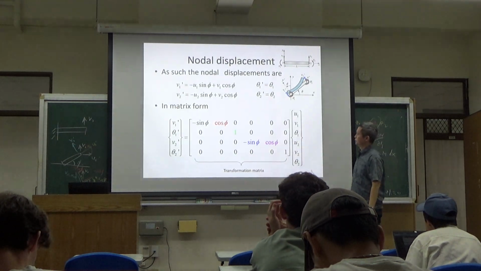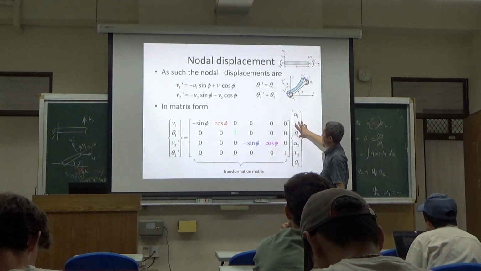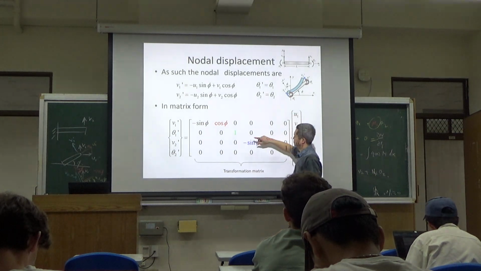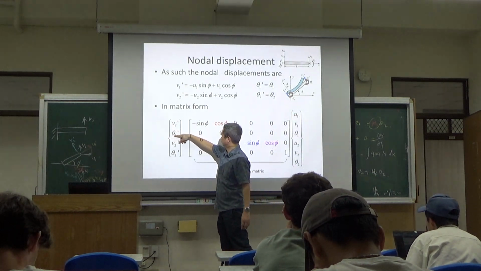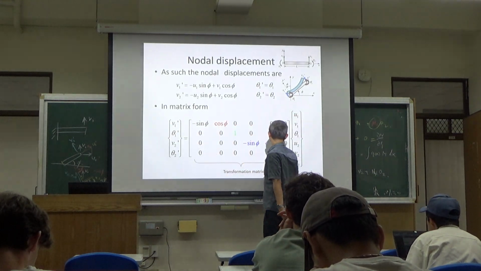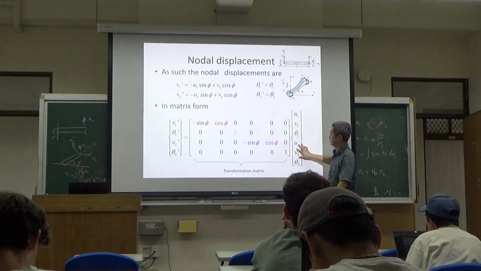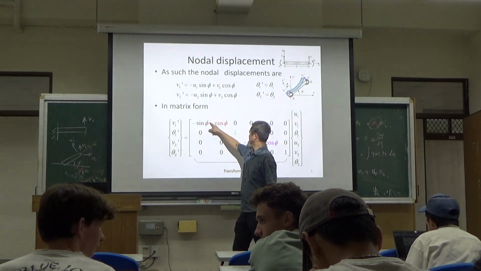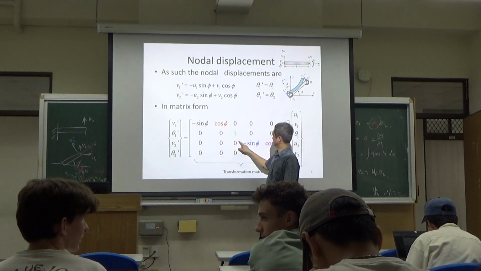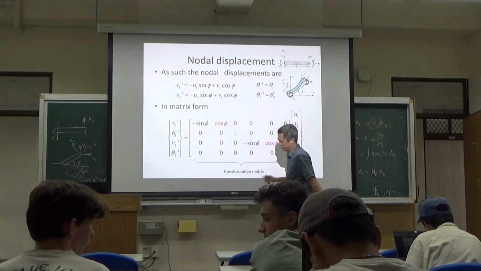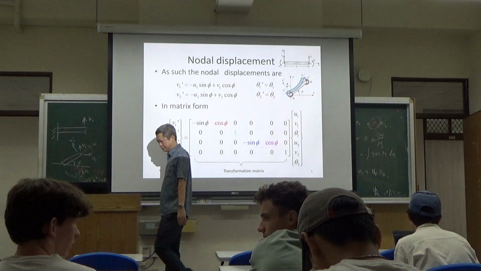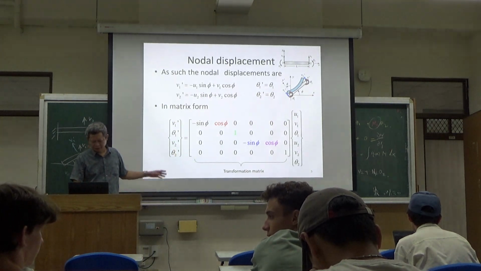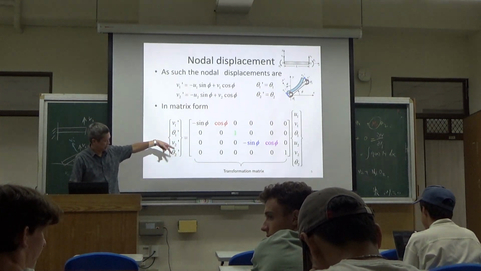Okay, so this first part is related to the first node. The second part is related to the second node. The angle of rotation, you write in separate rows and separate columns. Okay, so your transformation matrix is now expressed as this.